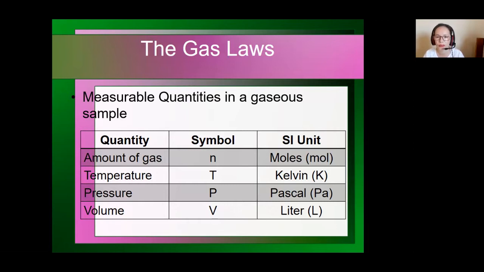Temperature is always in Kelvin, pressure is in Pascal in the SI, and volume is in liter. To convert degrees Celsius to Kelvin, we simply add 273. For pressure, there are lots of units used, but in the SI, it's Pascal, and volume is the space occupied by gas, usually expressed in liter, or sometimes in milliliter.